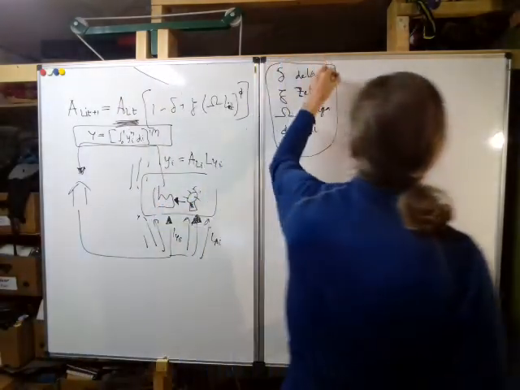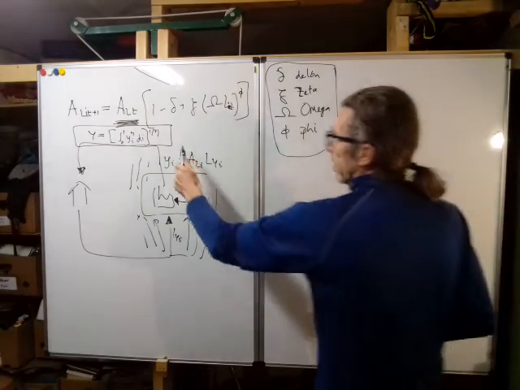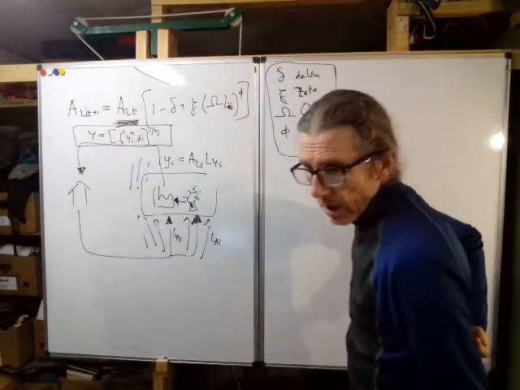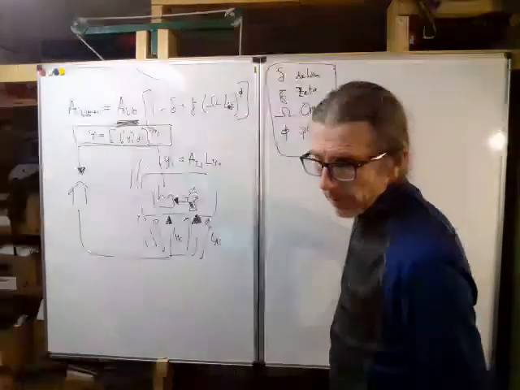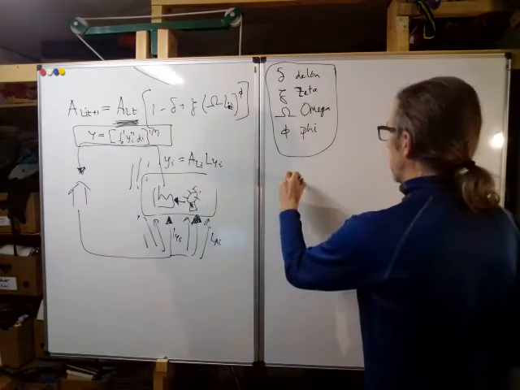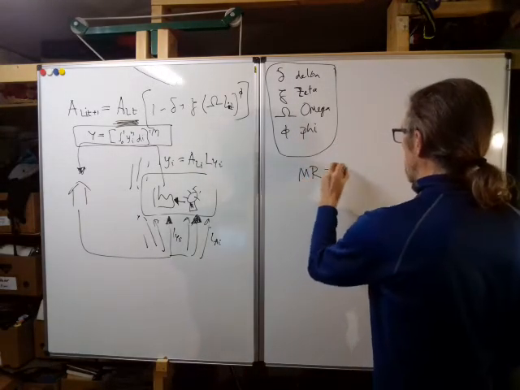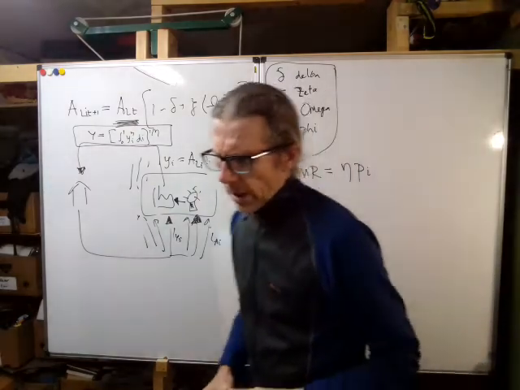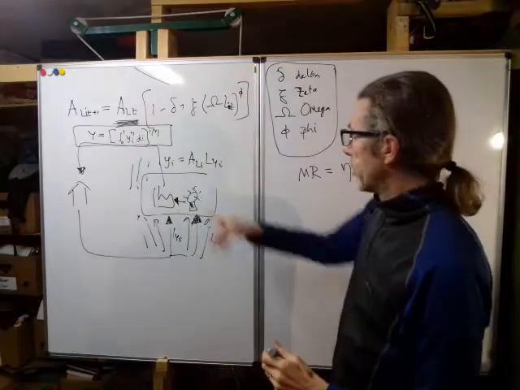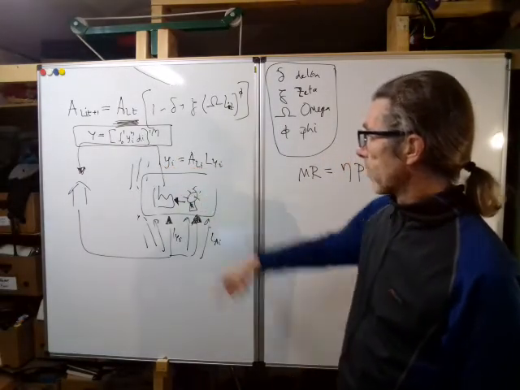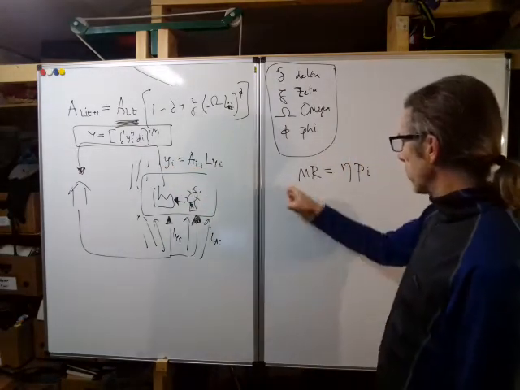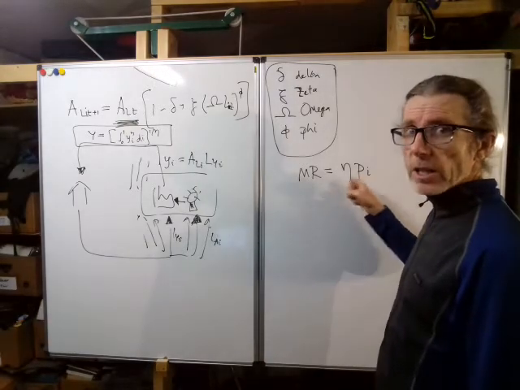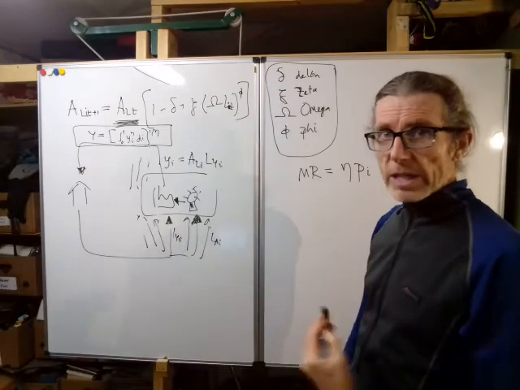And it turns out that given this famous Dixit-Stiglitz function, marginal revenue is eta pi, where pi is the price. So if you sell an extra unit, you don't get pi extra income, you get eta pi, where eta is less than 1.